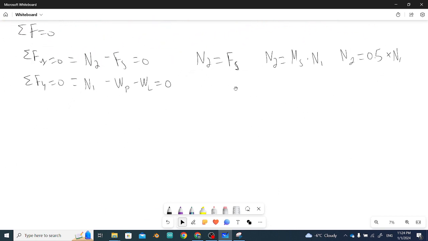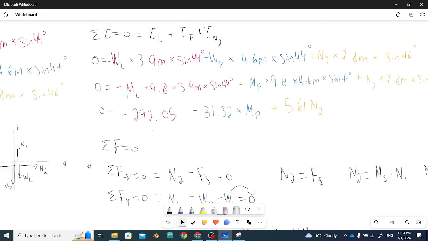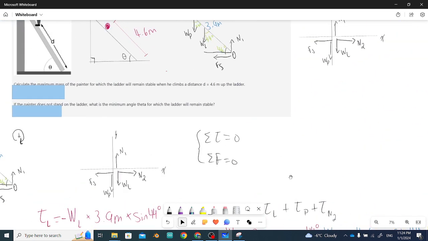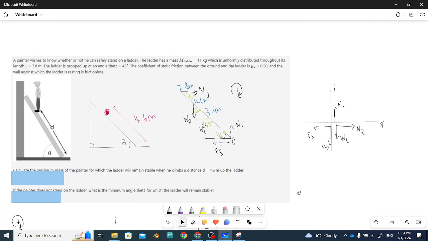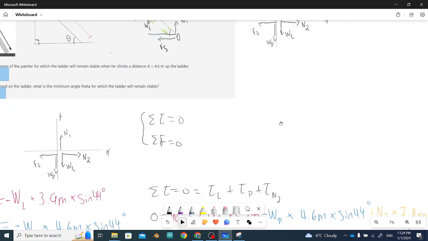So let's have a look now at the forces in y. So N1 is equal to, we just bring these to the other side, weight of the painter plus the weight of the ladder. Weight of the painter was how much? We need to find that, and the ladder was 11 kilos.